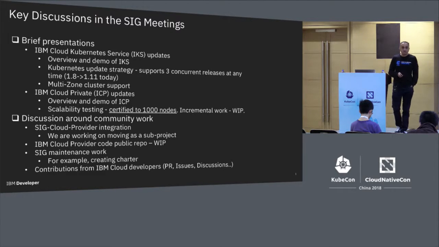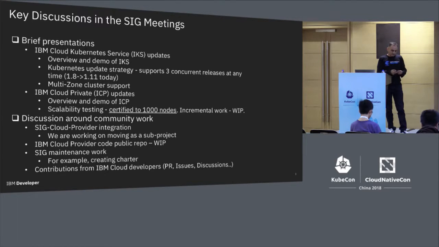Tomorrow we have a deep dive, and we'll talk a little more on that. If you're interested, please do come. It's 4 p.m. tomorrow. And then there is a lot around maintaining this SIG, which is also discussed. And like I said, not just PRs, but issues and some of the discussions we are having from the IBM Cloud teams. So those are the activities in the meetings.